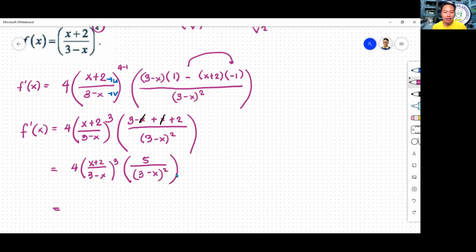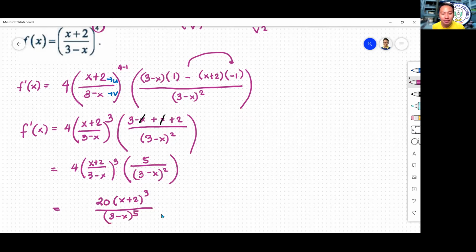And this becomes 20 times x plus 2 squared. Sorry. Wait, guys. 4 times 5 is 20. x plus 2 cubed over 3 minus x raised to the power of 5.